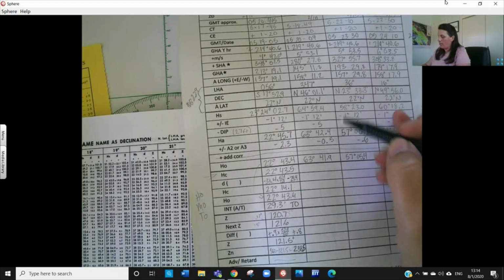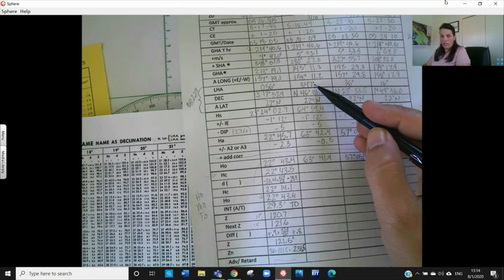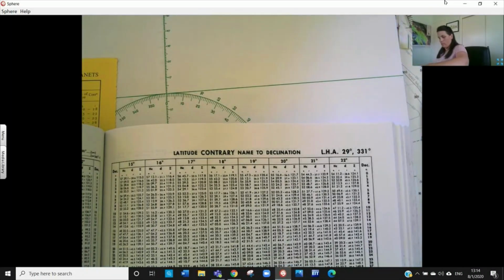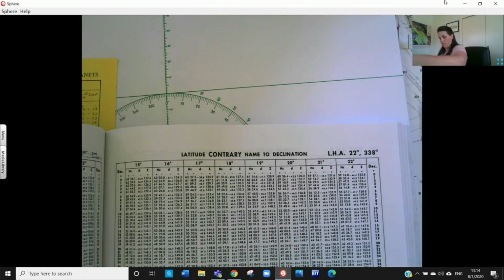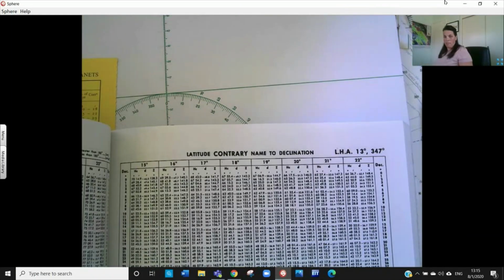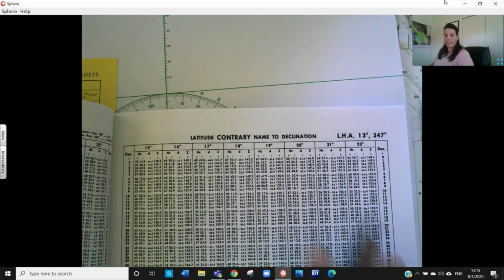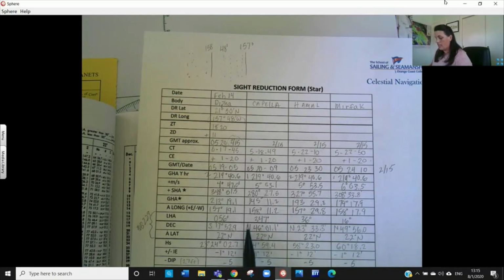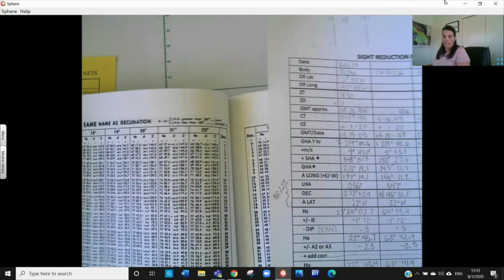Okay, so for Capella, we are at 347 LHA. So I need to find 347. Okay, so I have 347, but I need to see if I'm contrary or same. In this case, I have a declination of north and a latitude of north, so I'm going to be the same.